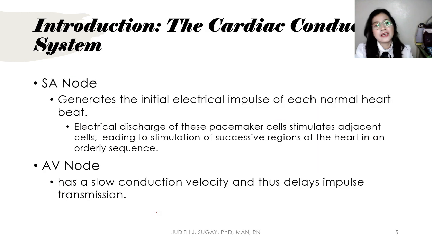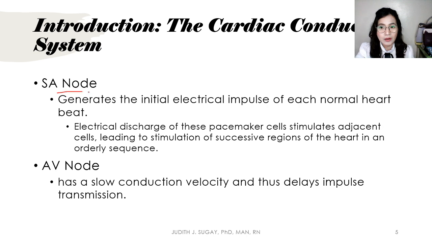For the cardiac conduction system, the SA node is also referred to as the sinoatrial node. At the conjunction of the superior vena cava, if you can recall, and the high lateral atrium is a cluster of cells that generates the initial electrical impulse of each normal heartbeat.